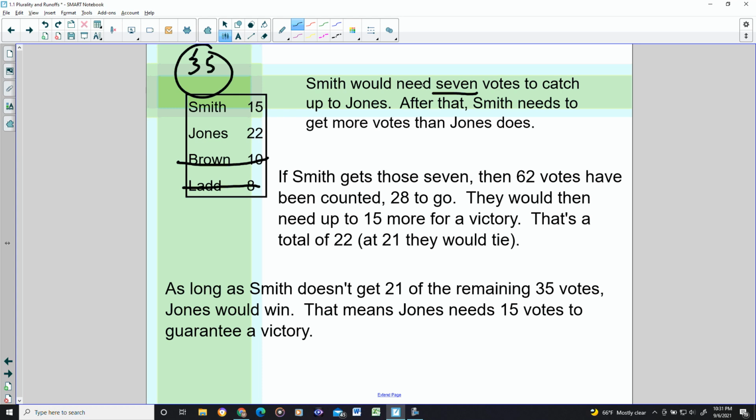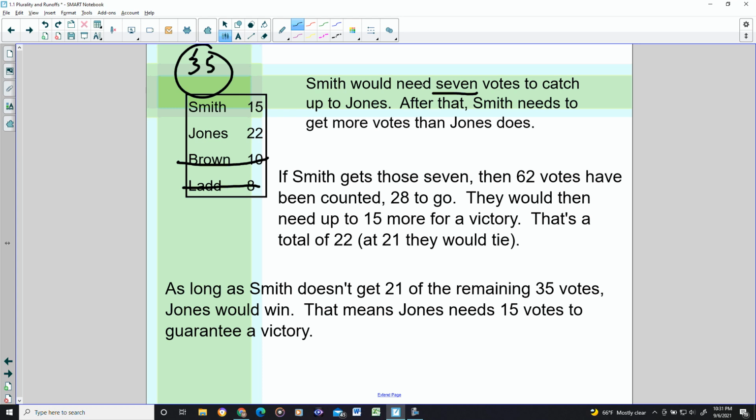So in that particular case, if Smith does get those 7, right? So let's say Smith gets those 7, then 62 votes have been counted, and it's a 22-22 tie. And then at that point, 28 more votes have to be counted. Okay.